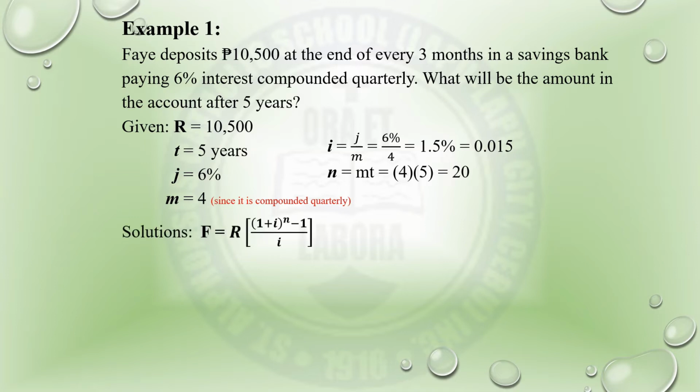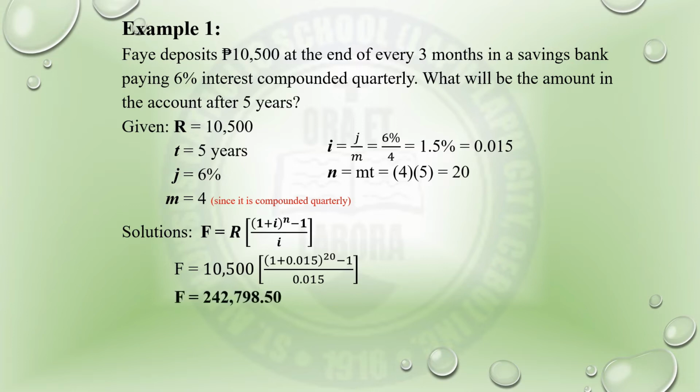So the solution: use the formula to find the final amount of the ordinary annuity, which is F is equal to R times the quantity of 1 plus I raised to N minus 1 over I. Substitute the variables in the formula, and it will become 10,500 times the quantity of 1 plus 0.015 raised to 20 minus 1 over 0.015.